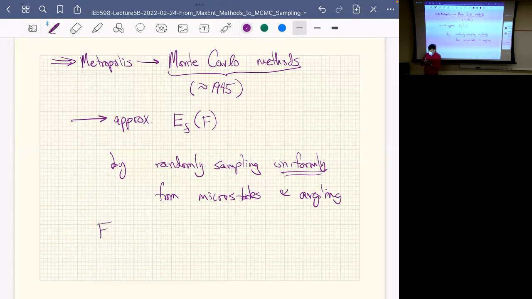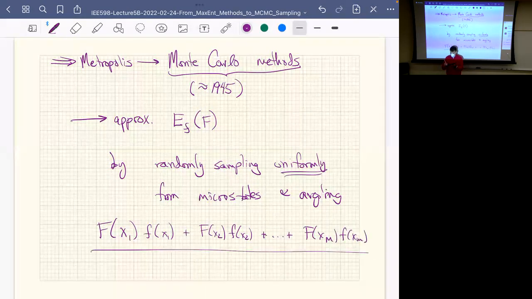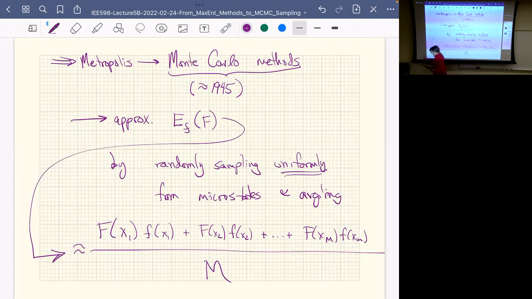So we can do F of the first, I'm going to just use X as my state. So this is my sample 1 weighted by density 1, plus my sample 2 weighted by density 2, plus all the way up to my sample M, density M, and all that could be averaged by my M samples. And that would be a good approximation for this if I draw enough samples. But in order for this to work, this M has to be very large.